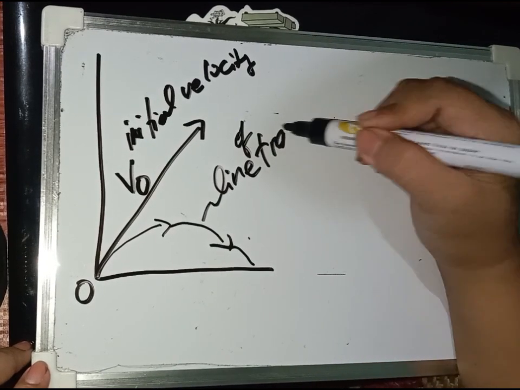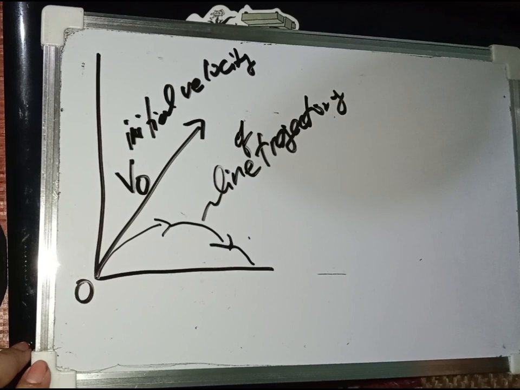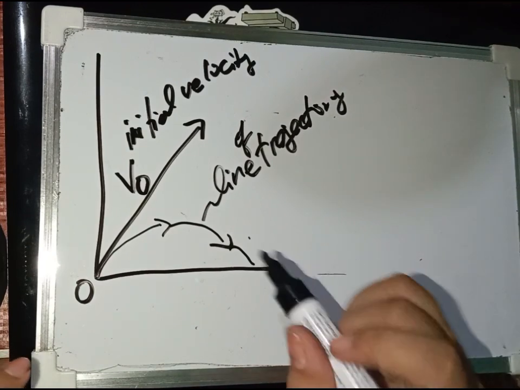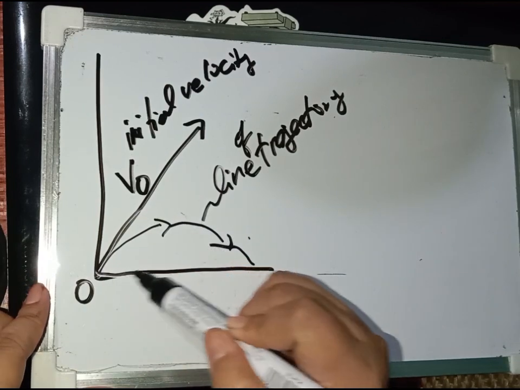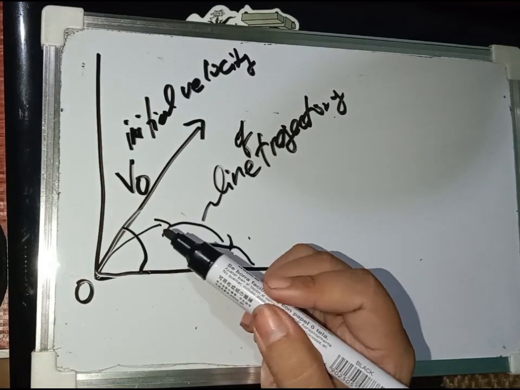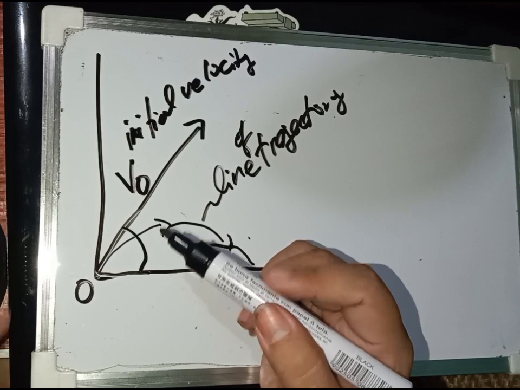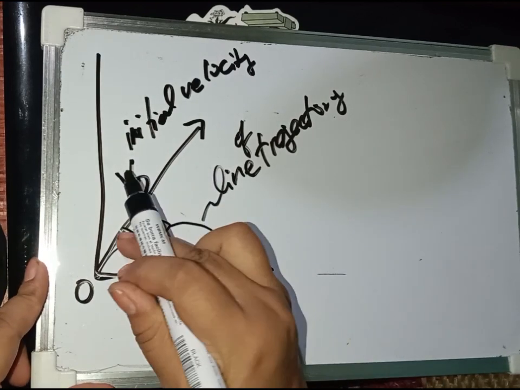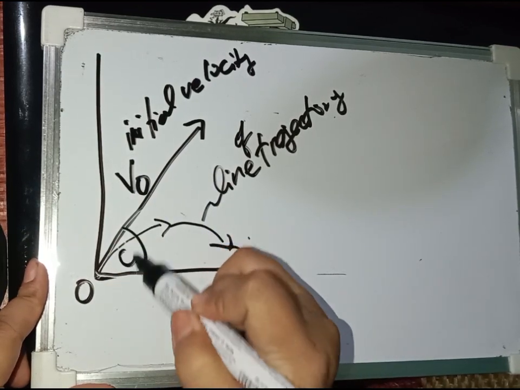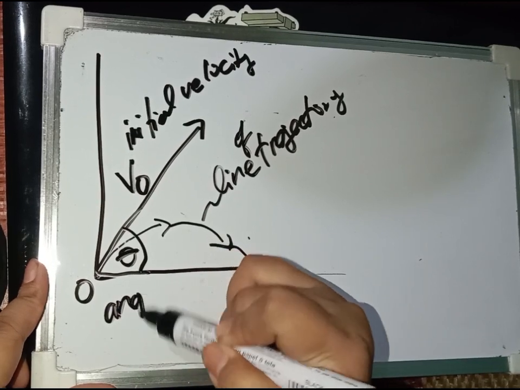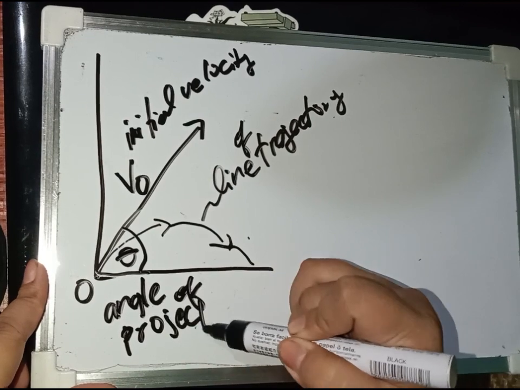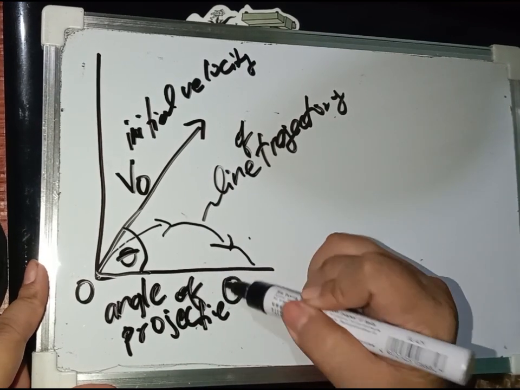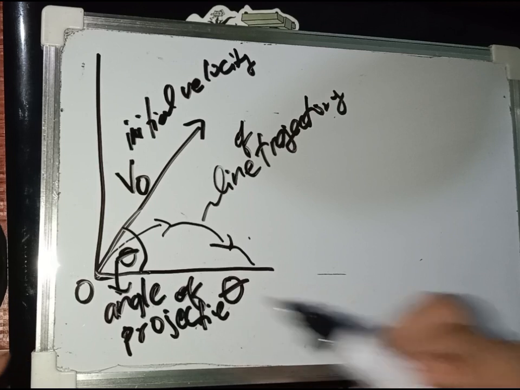And as you can see, we have an angle here, and we call this angle the angle of projection or angle of projectile, denoted by theta. This one, represented again by theta.